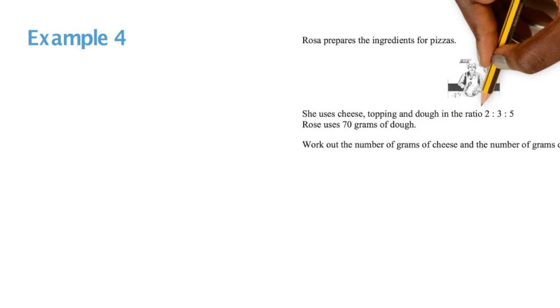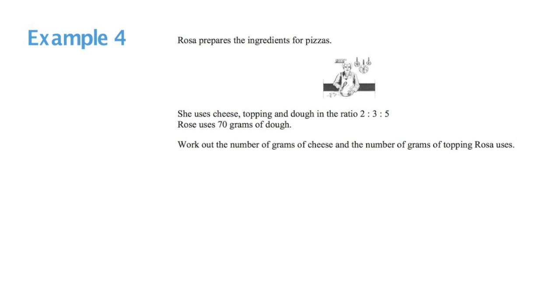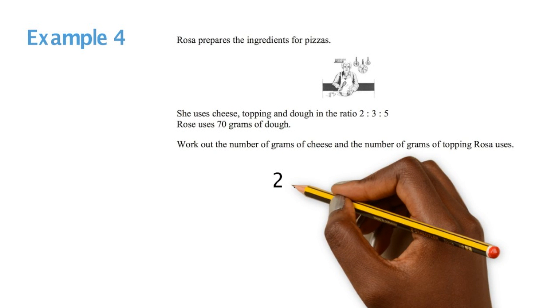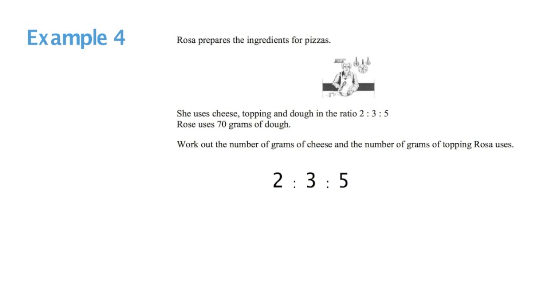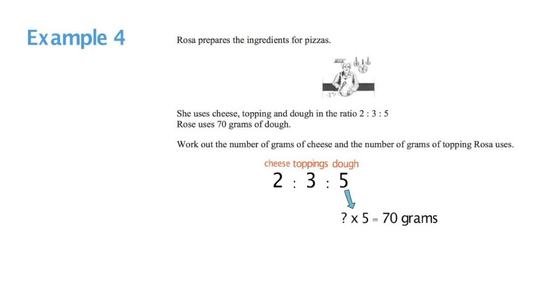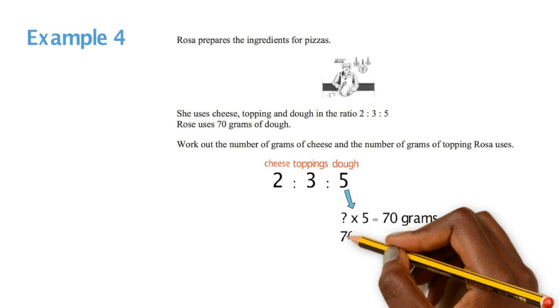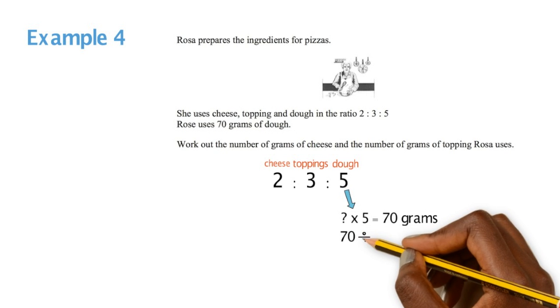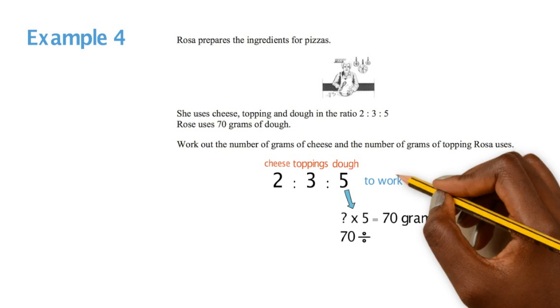Example 4. In this case, Rosa is preparing a pizza, and she's got ratios of how much cheese, toppings, and dough she's going to have. First of all, write out the ratio, and again, write it in the order: cheese, toppings, then dough. Now in this case, it's given us how many grams of dough she has. So that means a certain number times 5 is going to make 70. In order to work out what that number is, work backwards.